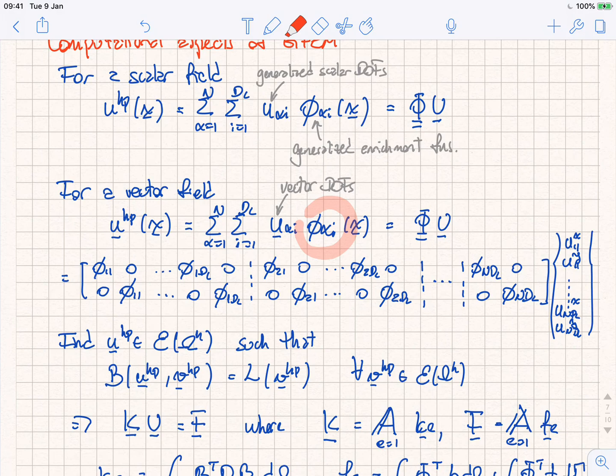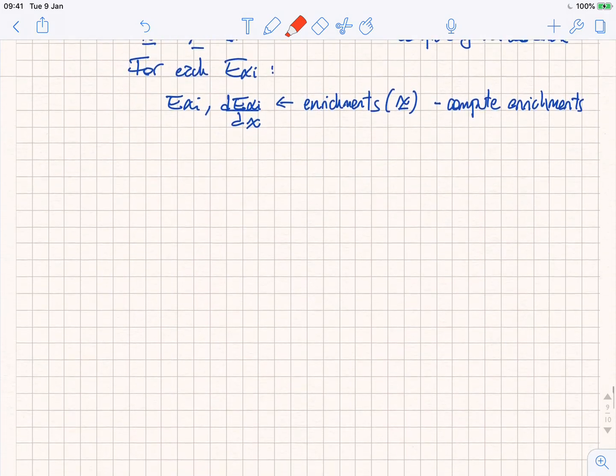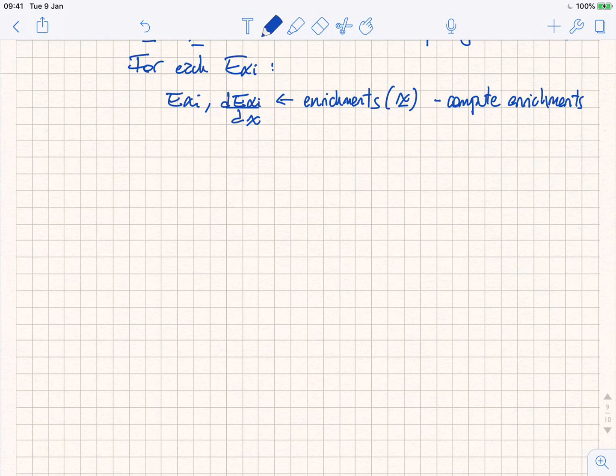Generalized enrichment function. Yes, that is a generalized enrichment function. How do you compute that? You multiply each of the shape functions with the enrichment. Correct. So we're actually interested in computing the generalized enrichment function. Let's call that alpha I, and that is just obtained by phi alpha multiplied by E alpha I. And that is what we're going to add to our container of functions.